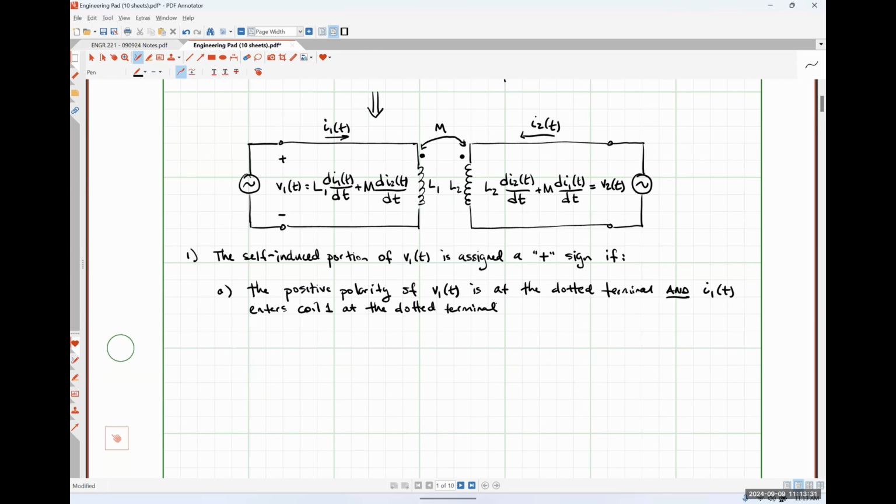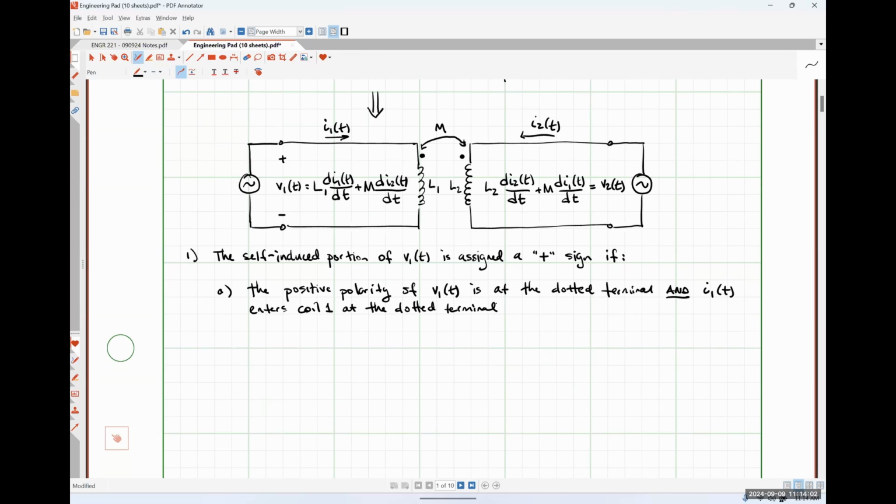So let me be very explicit about this. This portion up here is literally just a short circuit. So we can see very easily that the dot on coil number 1 is on top, and the positive polarity terminal of the voltage V1 is on top. So we've met the first part of this criteria. The positive polarity of V1 is at the dotted terminal.